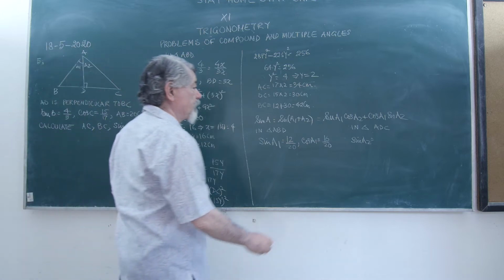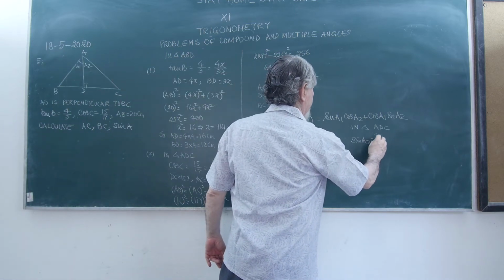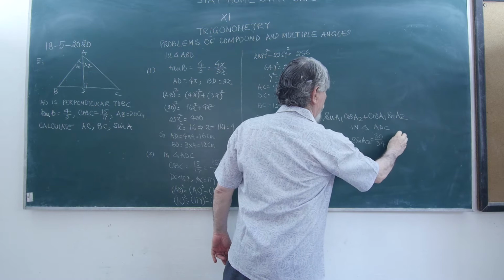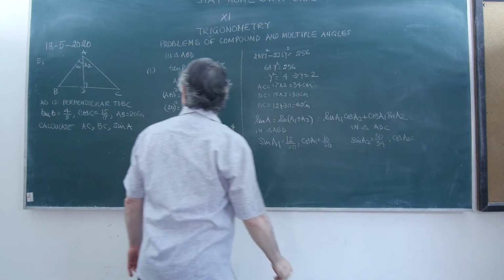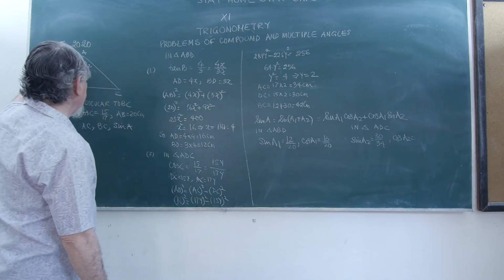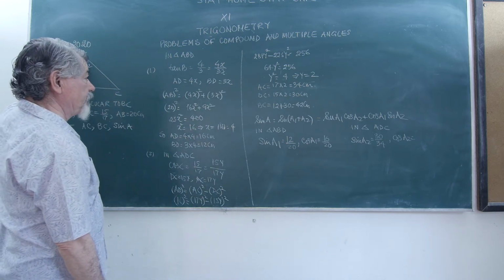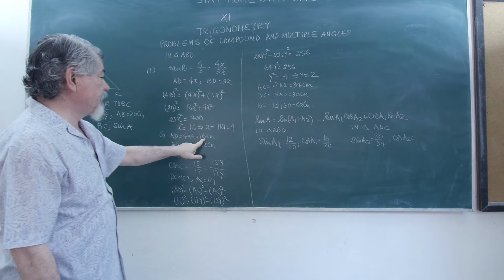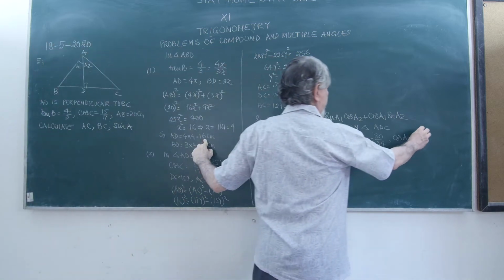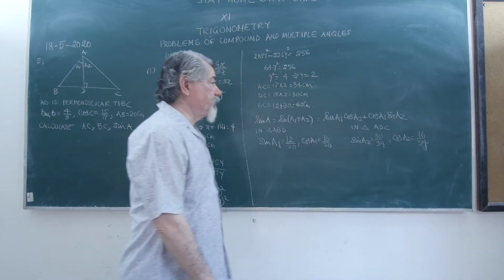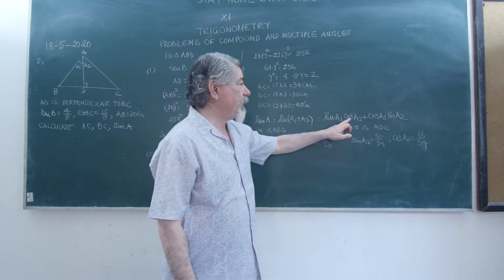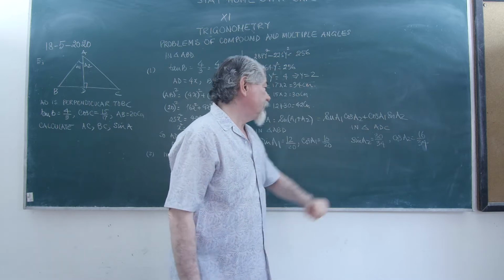So 30 upon 34. And cos A2 will be base upon hypotenuse, and base is AD, which was 16, so 16 upon 34. Now we just have to substitute these values in sin A1 cos A2 plus cos A1 sin A2.